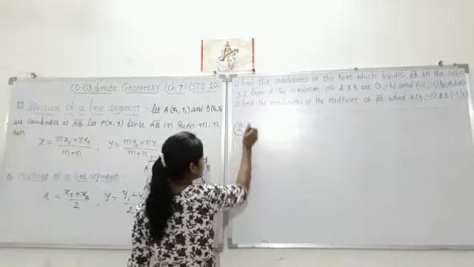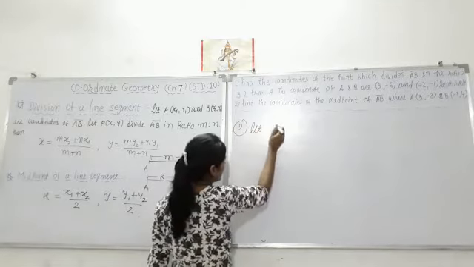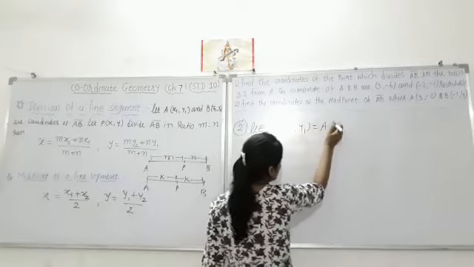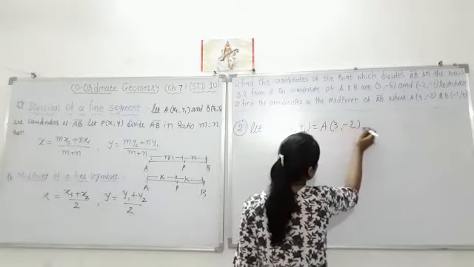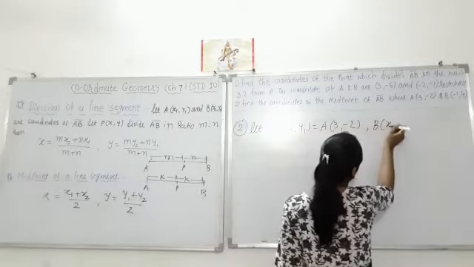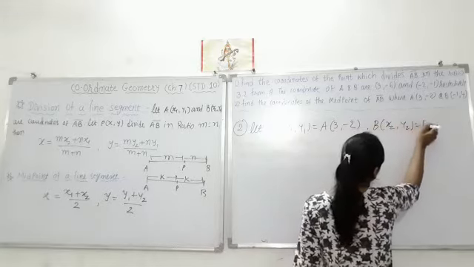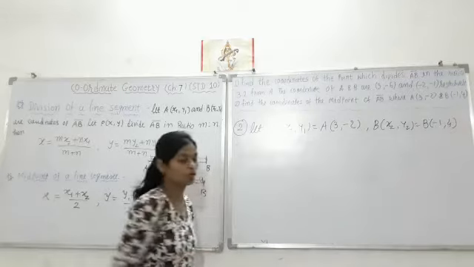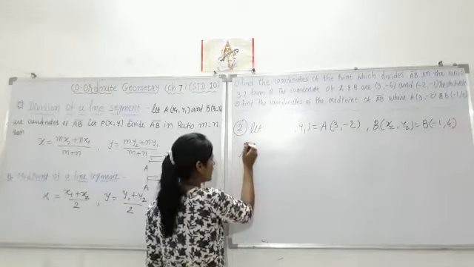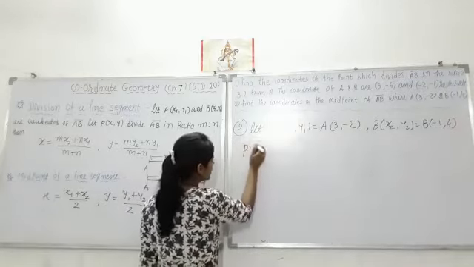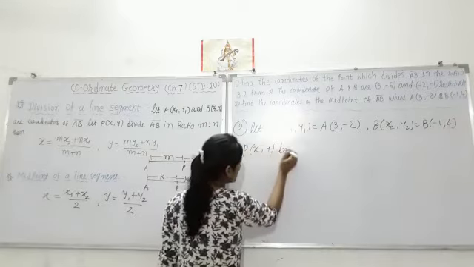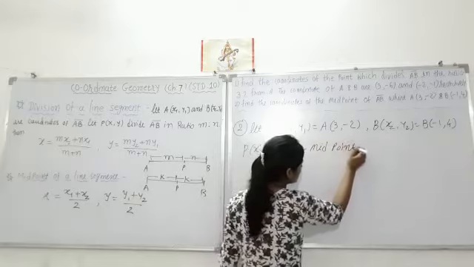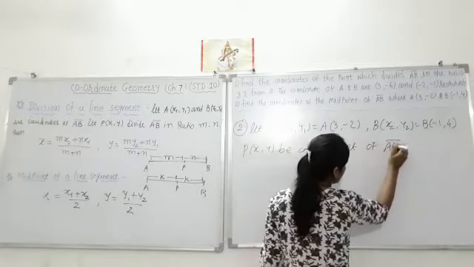For the second solution, write: let A of x1, y1 is equal to A of (3, -2), B of x2, y2 is equal to B of (-1, 4). And you want to find its midpoint, so let P of x, y be the midpoint of line segment AB.